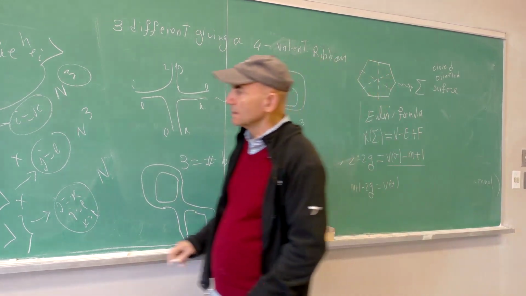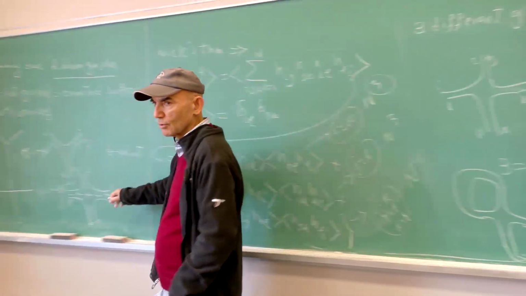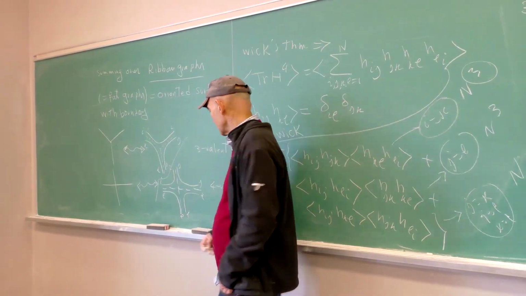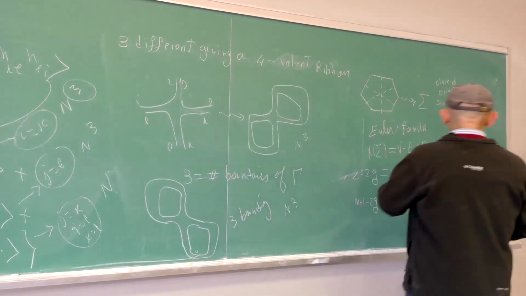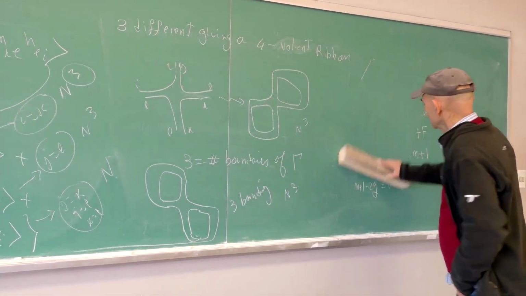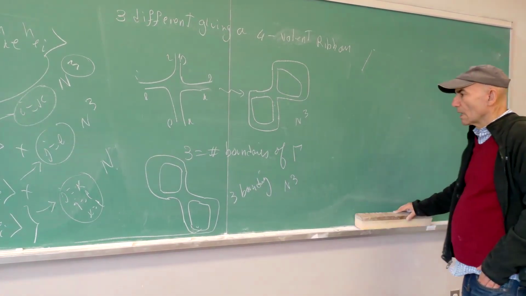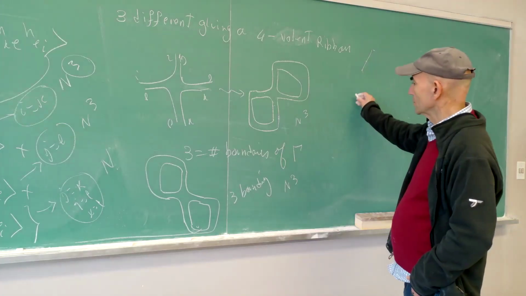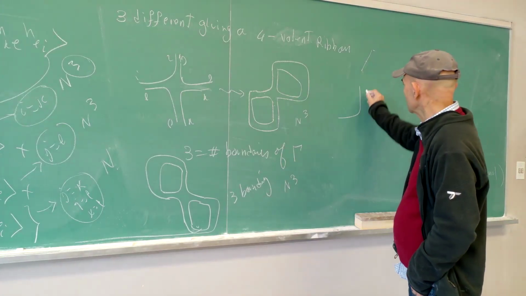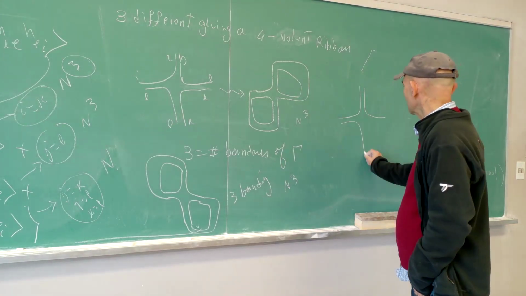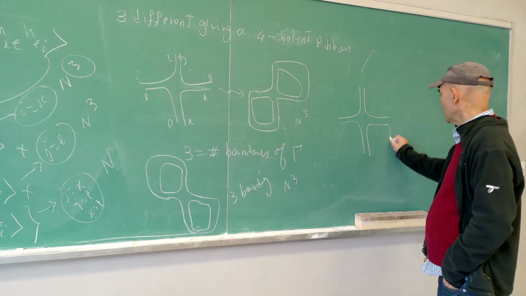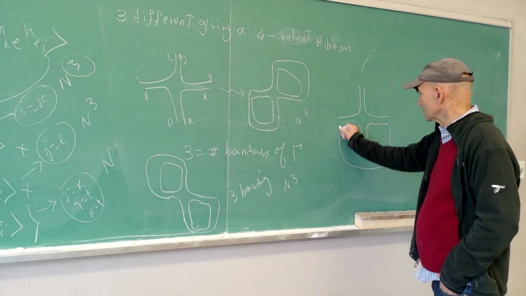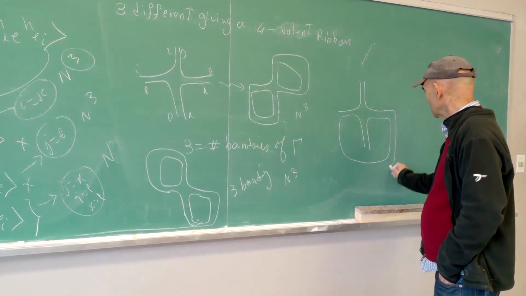But then there is one more case that we can do gluing here, which is the following. So let me just draw it here. I can bring these things here, glue like that.